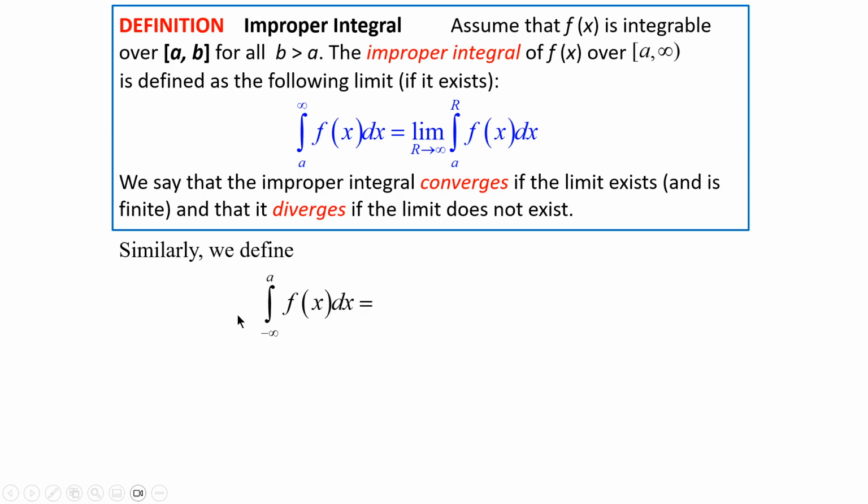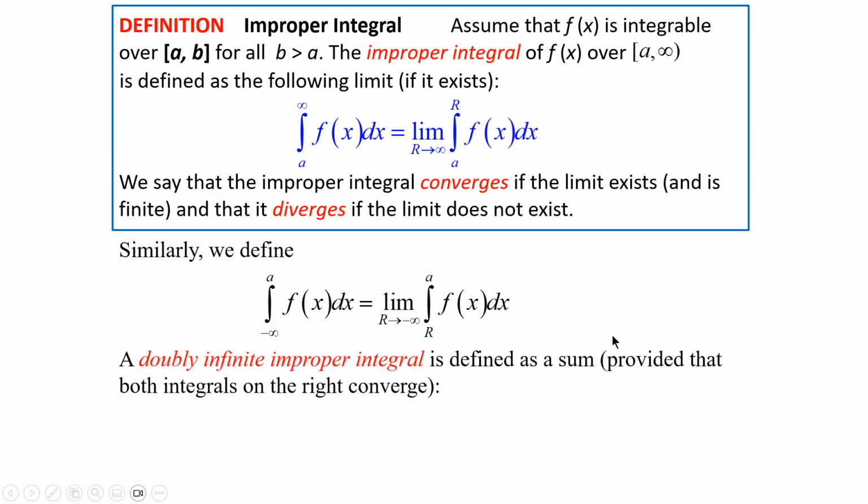Similarly, we defined, all right, here now my lower bound is approaching negative infinity. So we're going to do the same thing. We've got to approach a number, so we're going to call that r, and do the limit as r approaches negative infinity. A doubly infinite improper integral is defined as a sum provided that both integrals on the right converge.